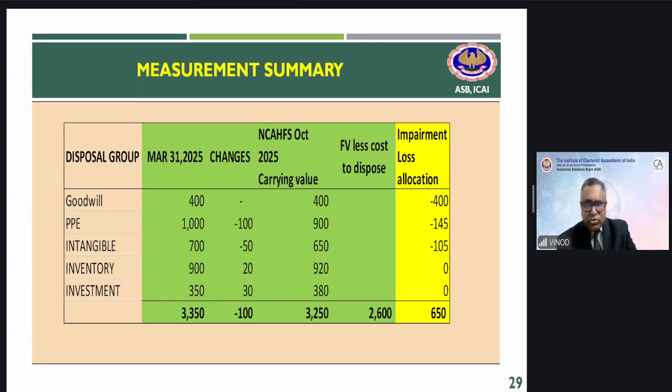The non-current assets, goodwill, PPE, intangibles, will be valued as per Ind AS 105, which is book value or fair value less costs to sell, whichever is lower. While inventory, investments in subsidiary, associate, joint venture, all those things will be measured as per whichever Ind AS they are following. They will not follow carrying value or fair value less cost to dispose. That's the only difference I'm trying to say.